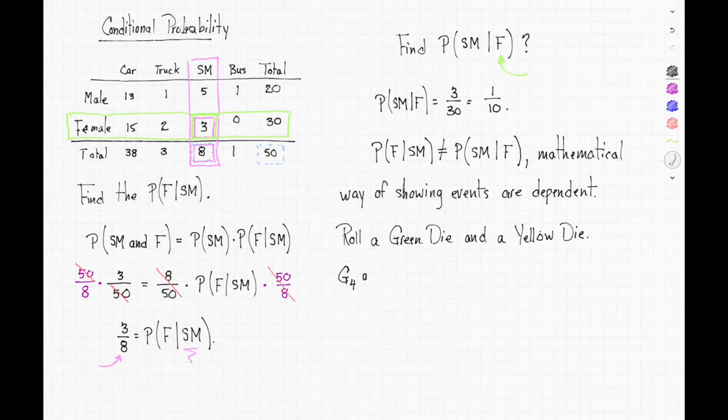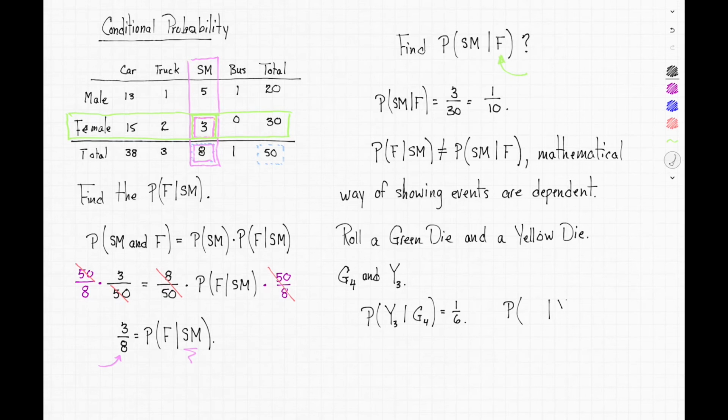Maybe I wanted a green 4, call it G4, and a 3 on the yellow, so we'll call that Y3. Think about this. If I roll the green die first, and I get a 4, what's the probability that I get a 3 on the yellow? Well, that would be 1 out of 6.